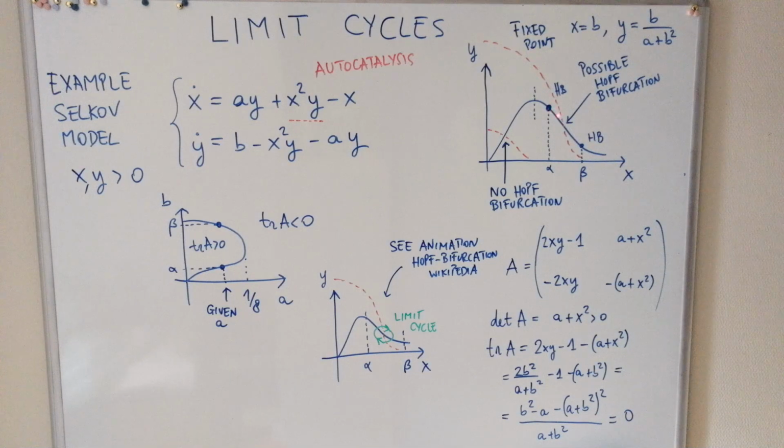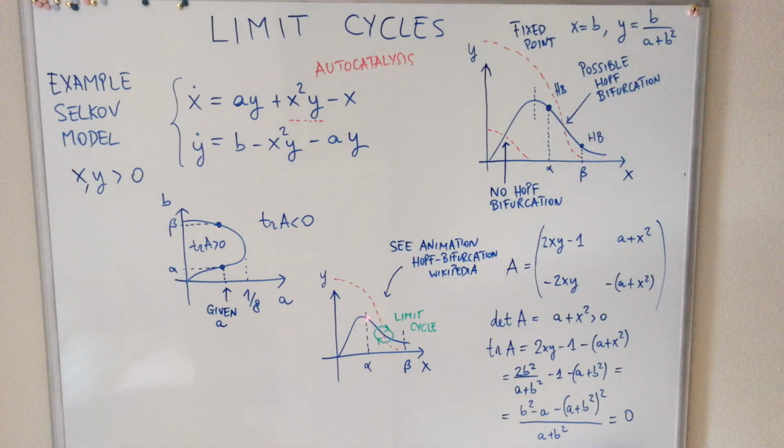So the fixed point becomes an unstable spiral here, and there is another Hopf bifurcation here. So what happens in practice is shown here. When the null line intersects in the region between alpha and beta, at around this fixed point, which is an unstable spiral, you will have a limit cycle.